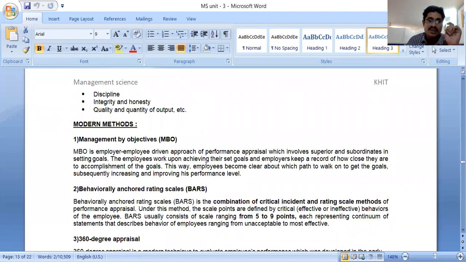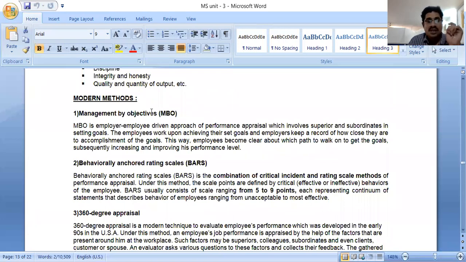Next, coming to the modern methods. The first one is management by objectives. Here objectives means the targets of the company. So we check the performance of the employees based upon this modern method. The major important thing in MBO, management by objectives, is to check whether the employee's performance is related to achieving the targets of the company or not.